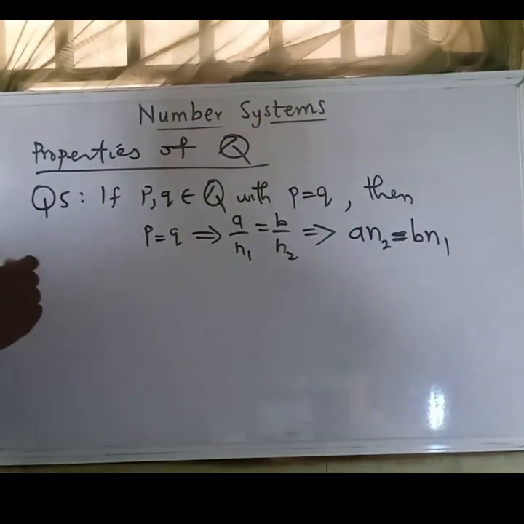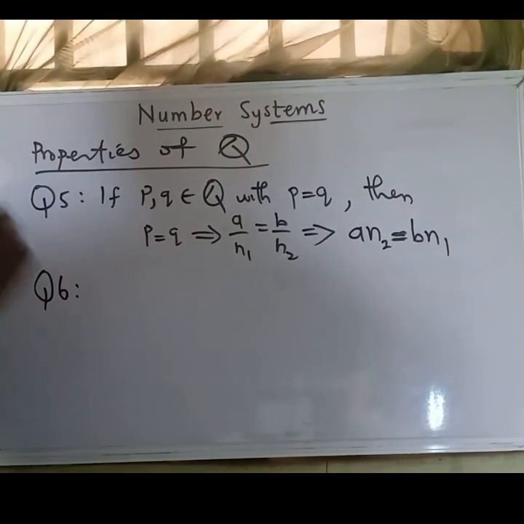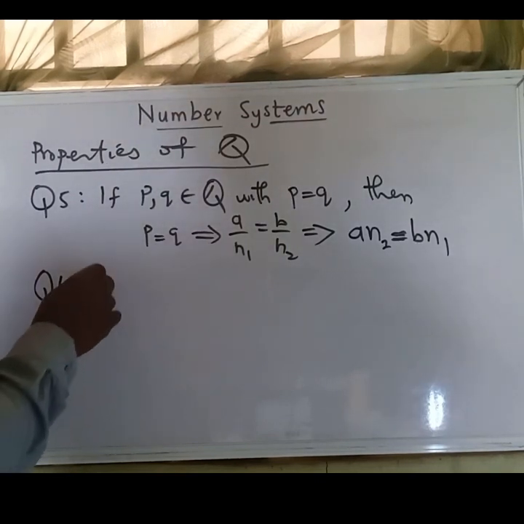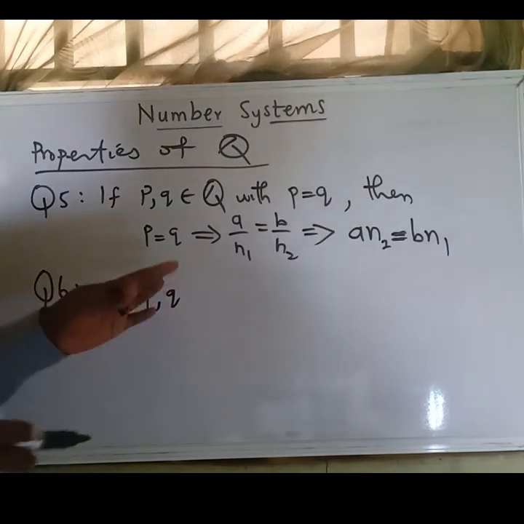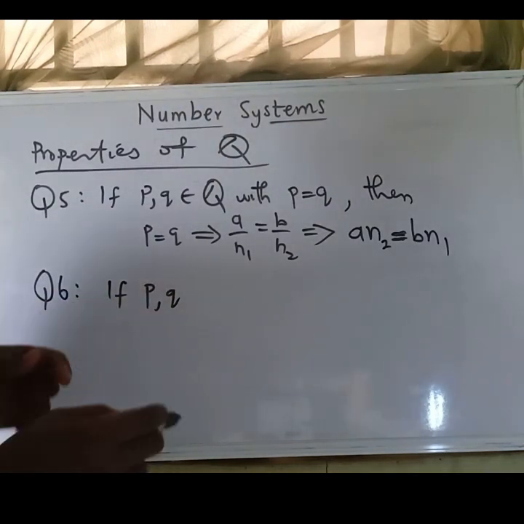Also, the 6 that we can recall here is about the ordering of the rational numbers.